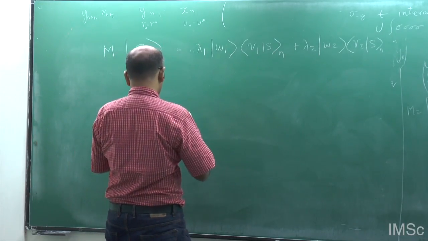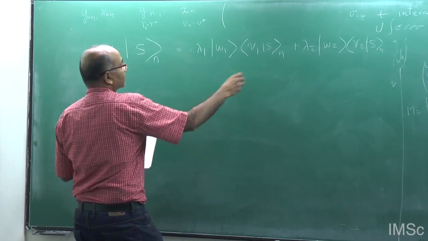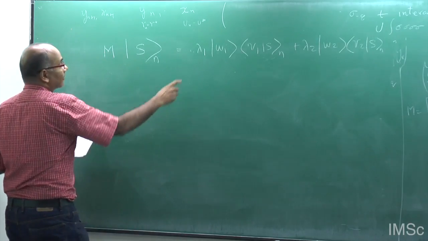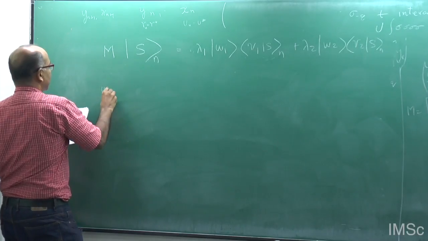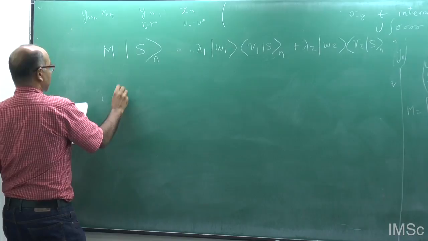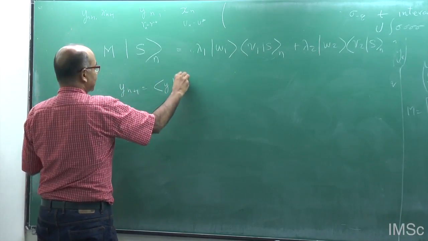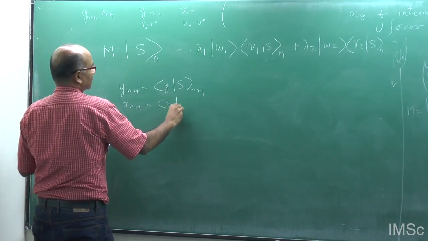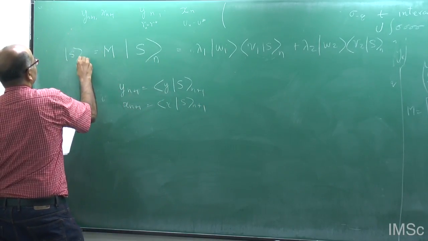So let's plug this in, and we want to get the n plus 1th. So yn plus 1 is basically y with Sn plus 1, and xn plus 1 is basically x with Sn plus 1, and this is what we're calling Sn plus 1.